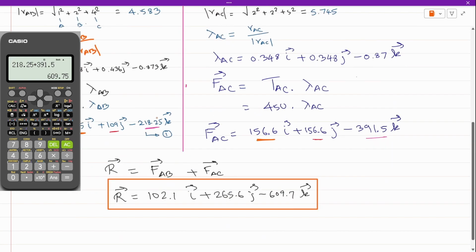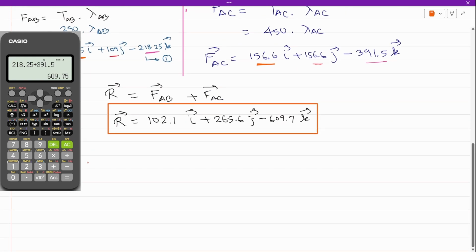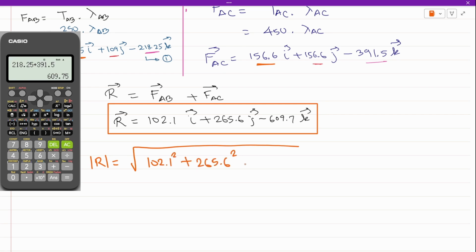To do that, we are going to identify the modulus of this resultant, which is root of 102.1 square plus 265.6 square plus 609.7 square.